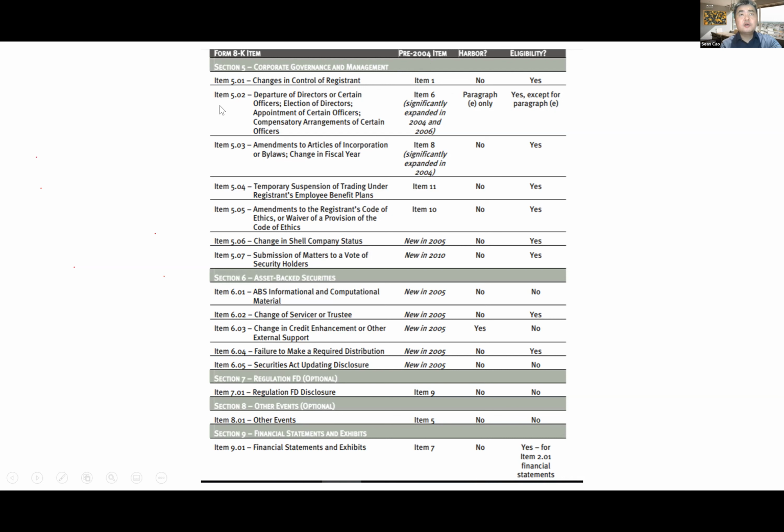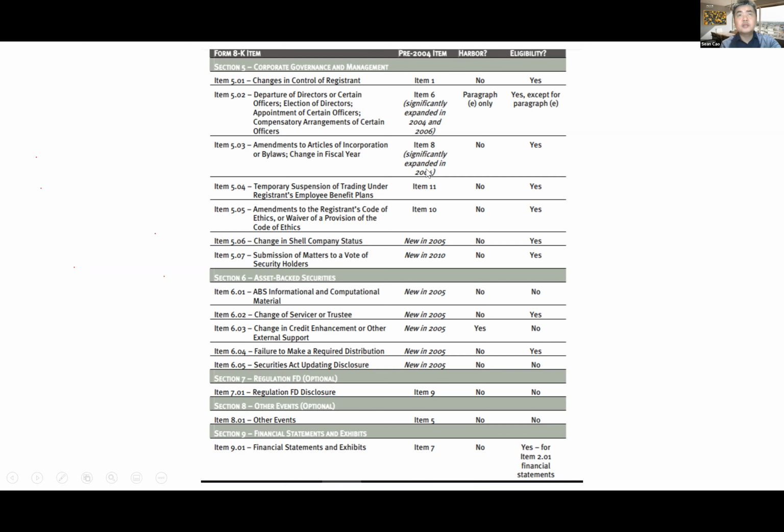Before the regulatory change, item 5.02 was item 6. So you see the classification changes, right? Right now it's item 5.03, and before it was item 8.